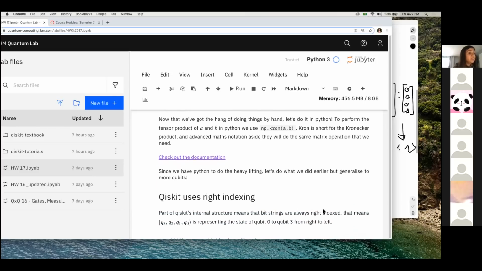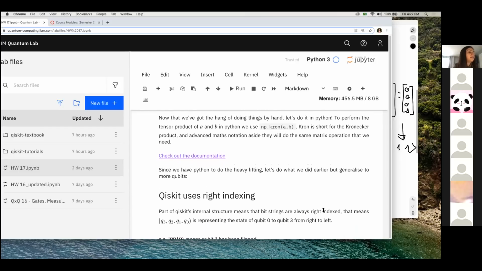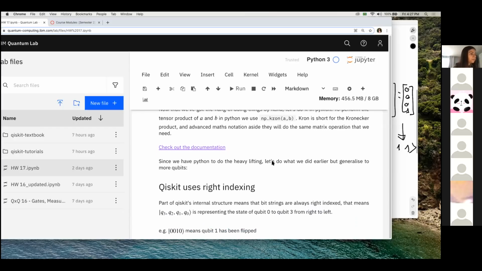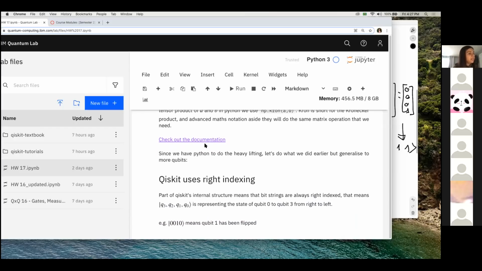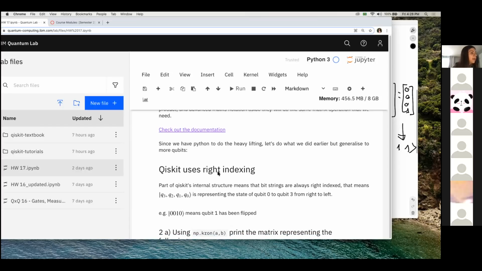So mathematicians call it the Kronecker product, okay? That's why it's not tensor here, it's kron, but it will work very well for us. If you have any doubt, I recommend checking the documentation later because it's always helpful, okay?